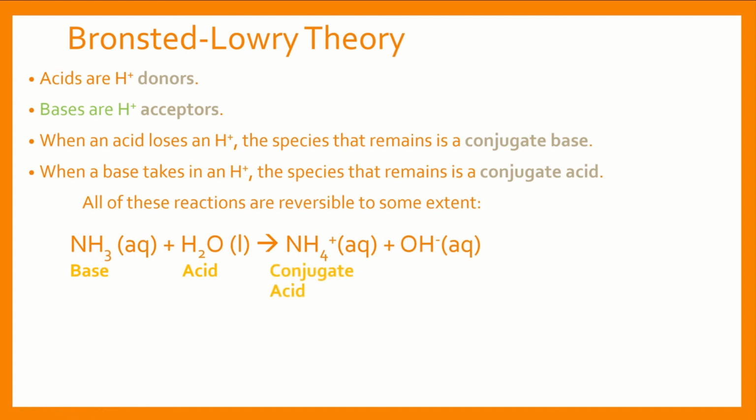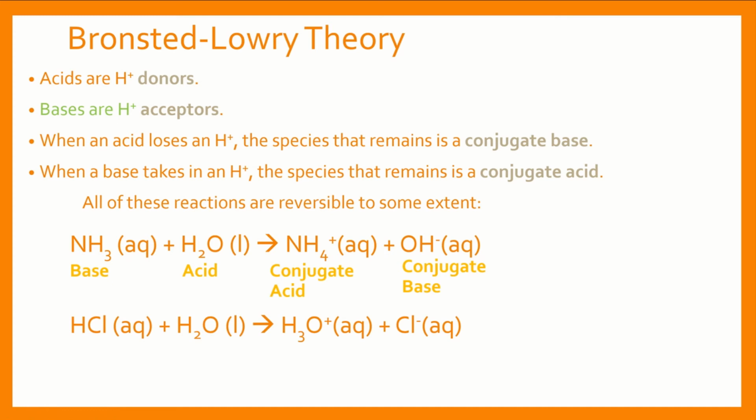Although it's a weak acid, we call it a conjugate acid. And OH negative goes from OH negative to H2O. That makes him a conjugate base. He is accepting a proton this time. He's taking that H+. Again, he's stronger as an acid in the H2O form, but once he gets there, he's now a conjugate base.